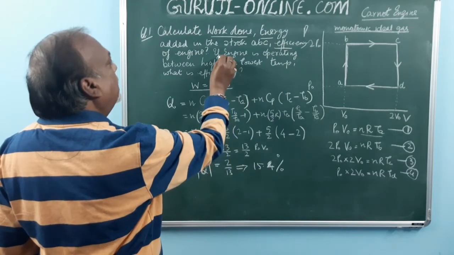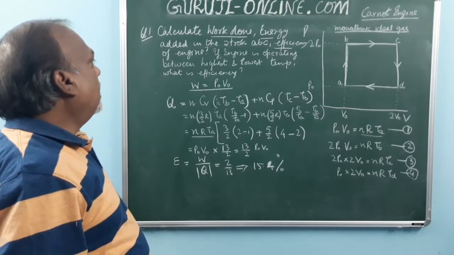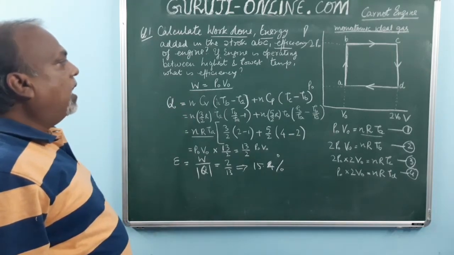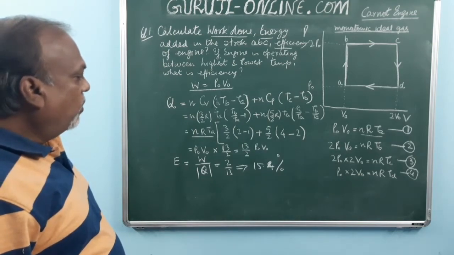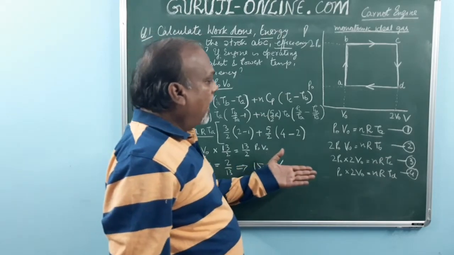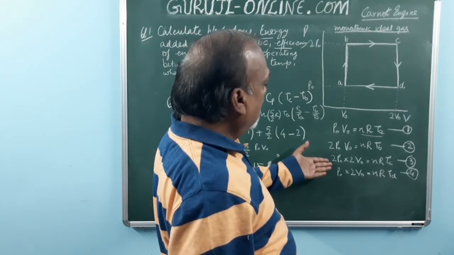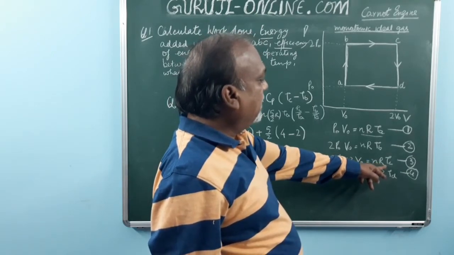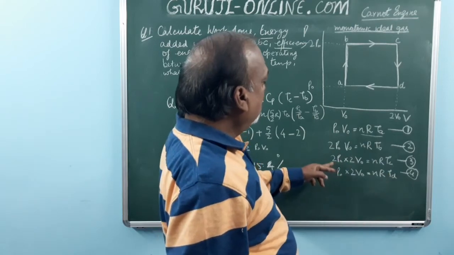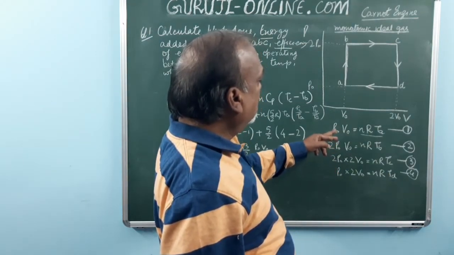Now it is saying, if the engine is operating between the highest and lowest temperature, what is the efficiency? So what is the highest temperature? The highest temperature we can see from this equation is TC, and the lowest temperature we can see from this as TA.